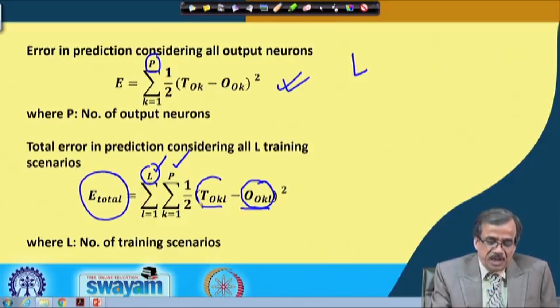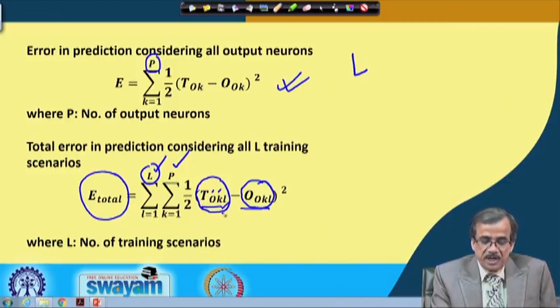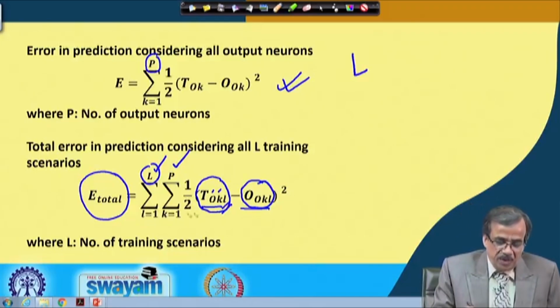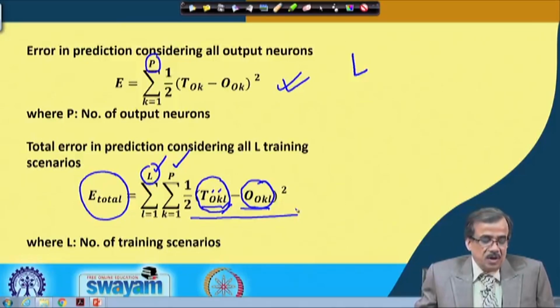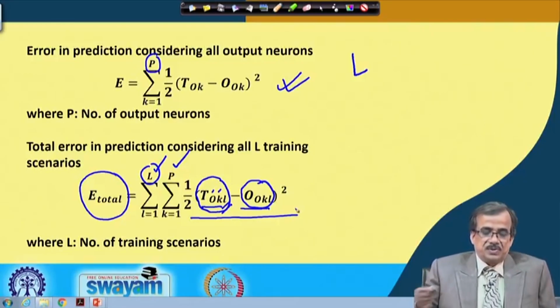Similarly, this TOKL indicates the target output of the kth neuron lying on the output layer corresponding to the Lth training scenario. So, this is the way you can find the expression of the total error for the output layer neurons after considering all the training scenarios.